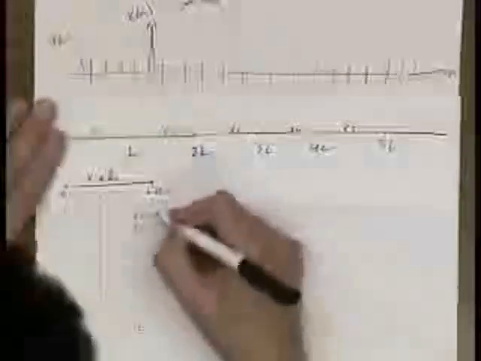Okay, and then the answer from L, for example, to L plus P minus 1 is the summation of this chunk, the summation of this plus that. So it would be these two things added here. And then the answer from L plus P minus 1 to 2L is just this chunk, just replicated here.